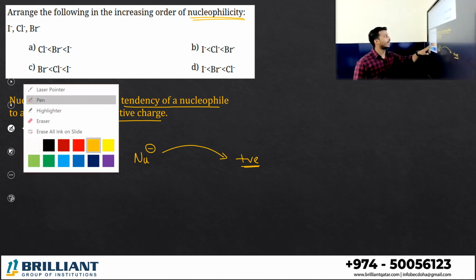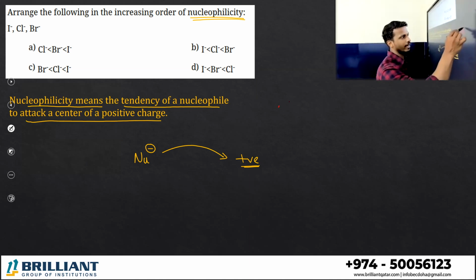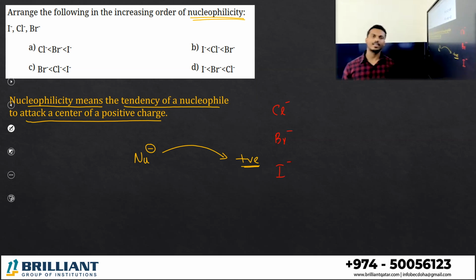Among the halides, Cl minus, Br minus, I minus are given. Which one can act as the best nucleophile, which has the best nucleophilicity? Dear student, iodine has the best nucleophilicity.